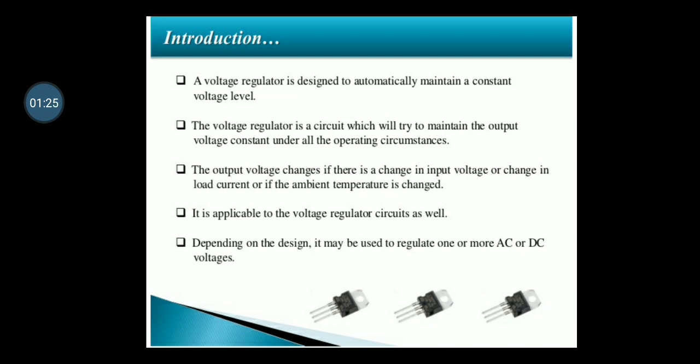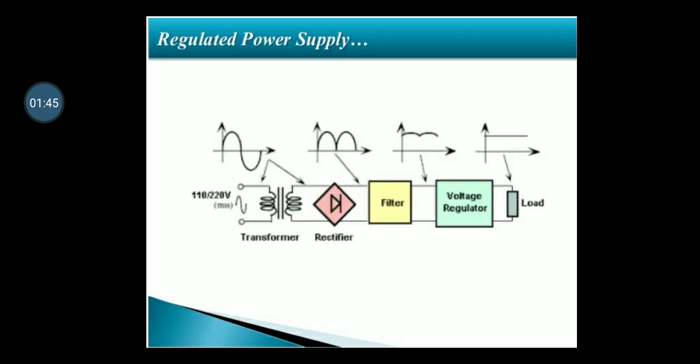The output voltage changes if there is a change in the input voltage or change in load current, or if the ambient temperature is changed. Depending on the design, it may be used to regulate one or more AC or DC voltages.